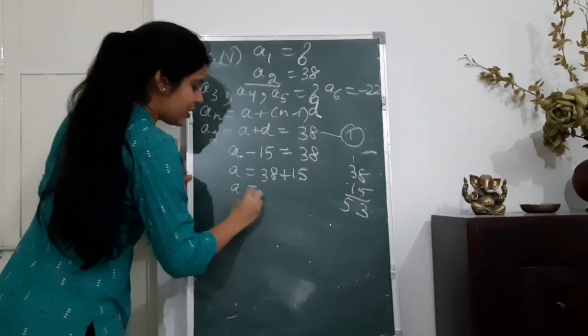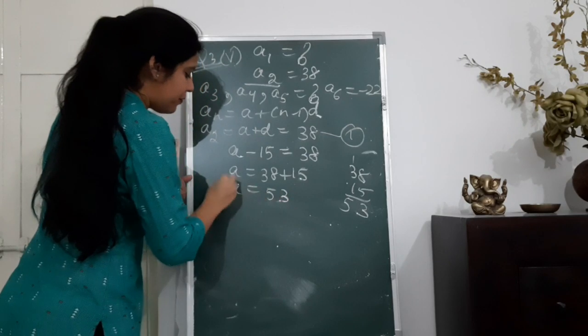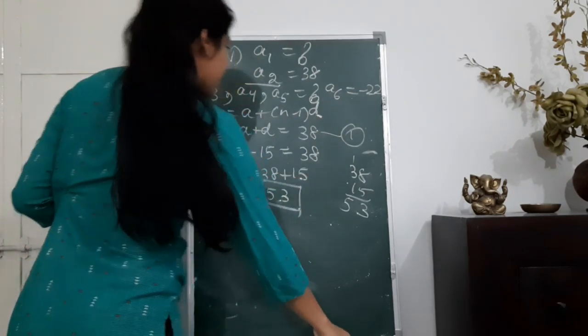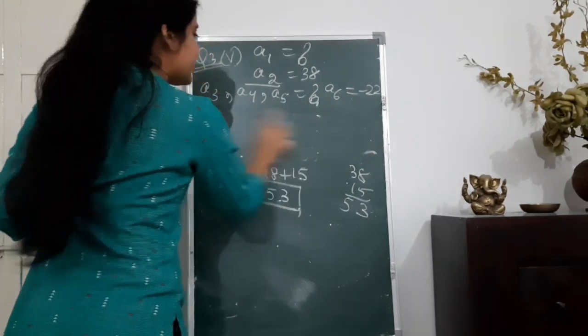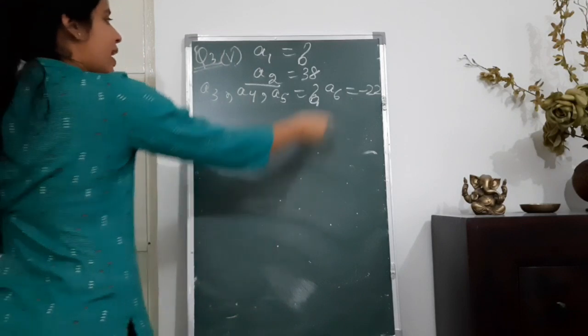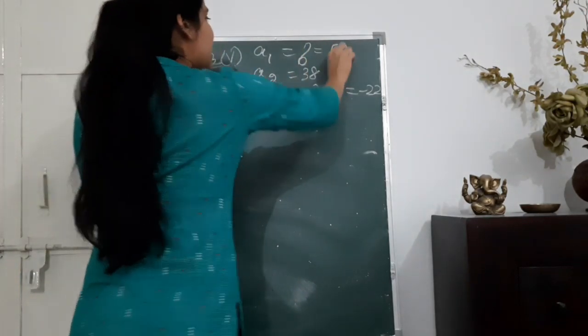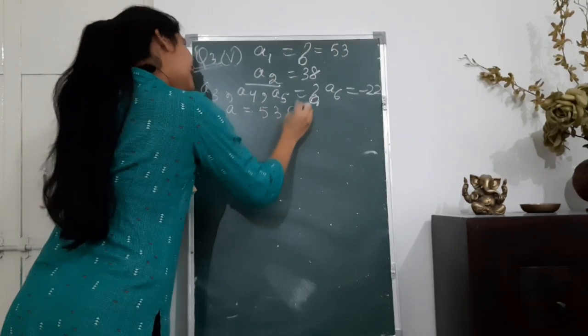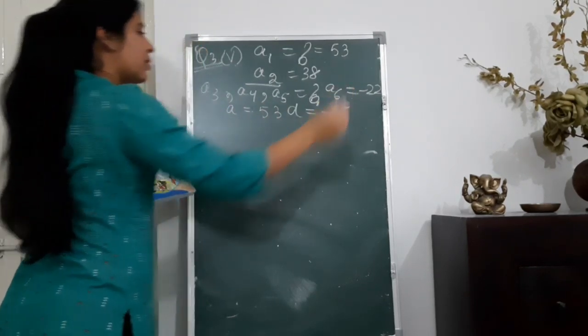So A is equal to nothing but 53. This is how I get A as 53 and D as minus 15. So A1 is equal to 53.